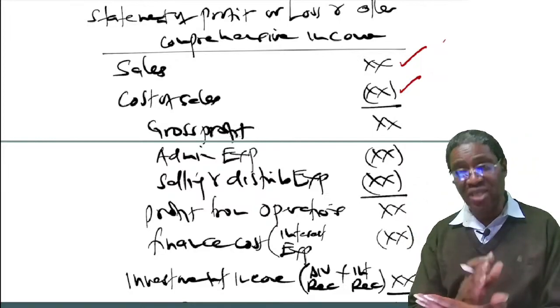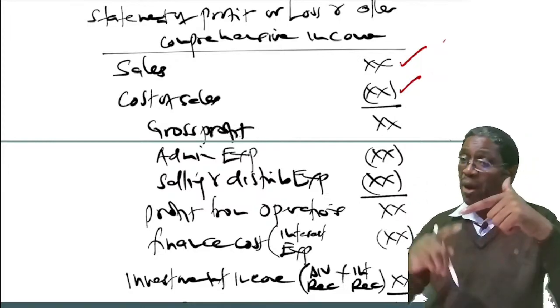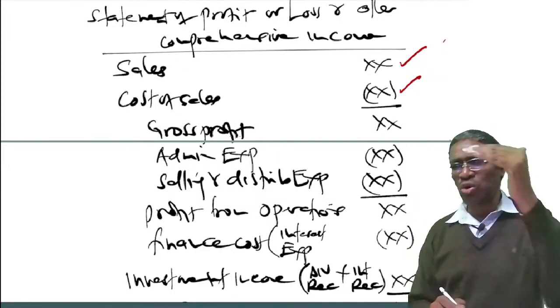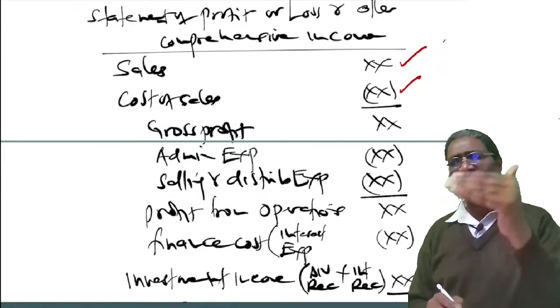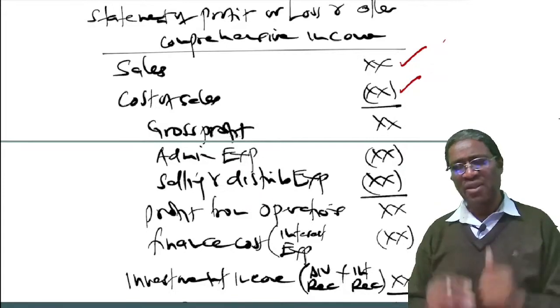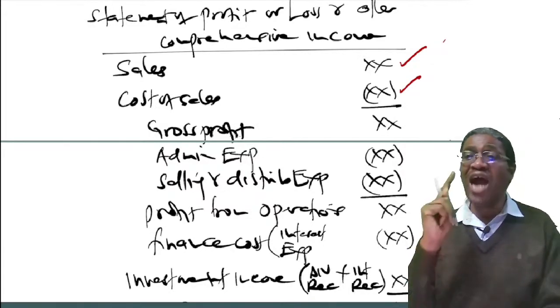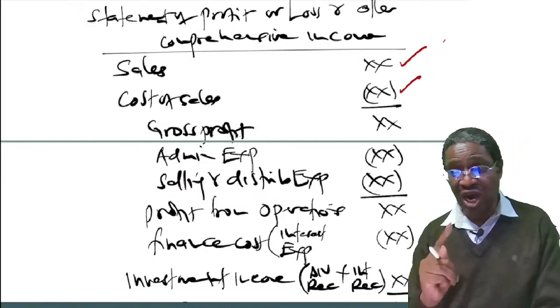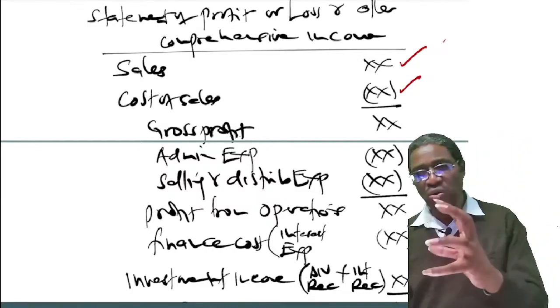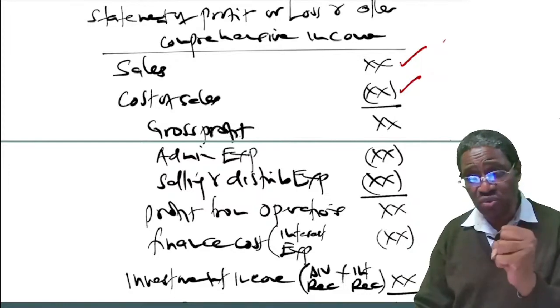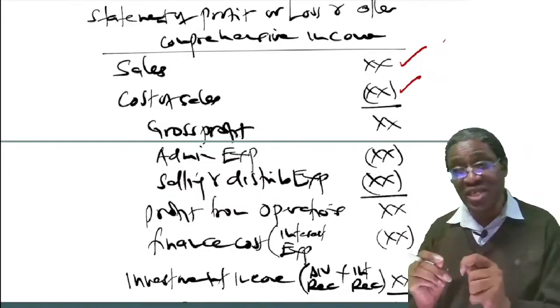Don't forget, for internal purposes, you show opening stock, add purchases, less closing stock. But for publication purposes, you are not required to show the workings of the cost of sales on the face of the income statement.